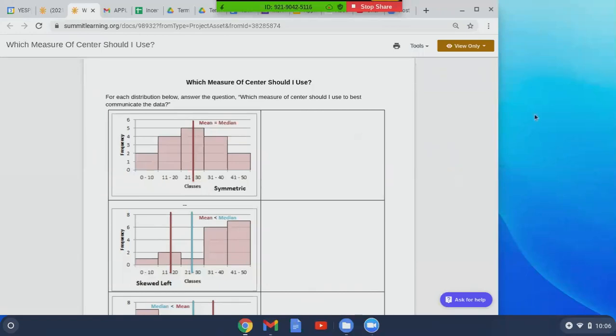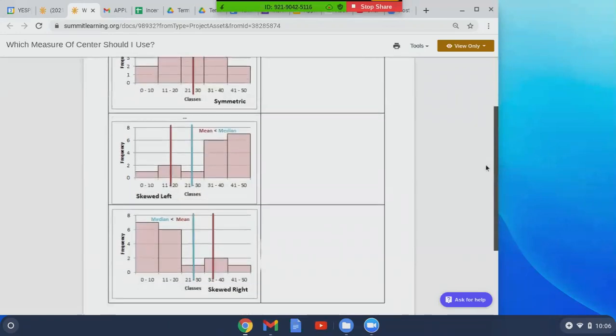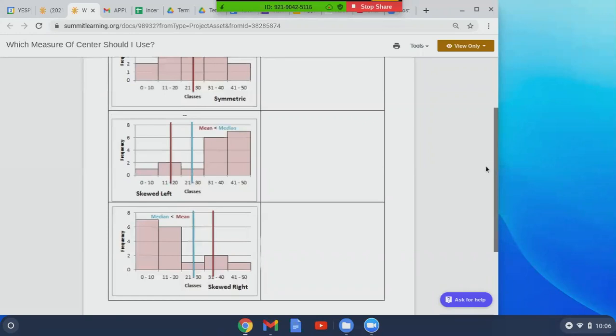They tell you the shape of the distribution. So the first one is symmetric. The second one is skewed left. The third one is skewed right. In the diagrams, they mark the mean as well as the median. And it is your job to determine which is the best measure of center. The mean or the median.